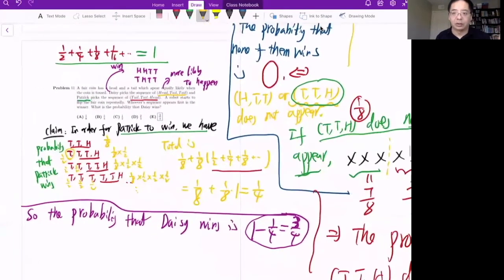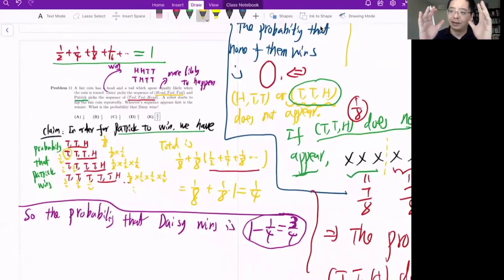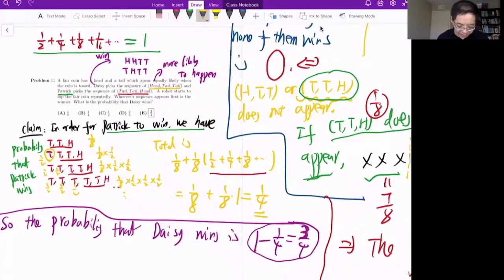Therefore, in the sense of probability, one of them is going to win. If this one wins, then the other one loses. So after I figured out the chance that Patrick wins is 1/4, then the chance that Daisy wins is 3/4, right?